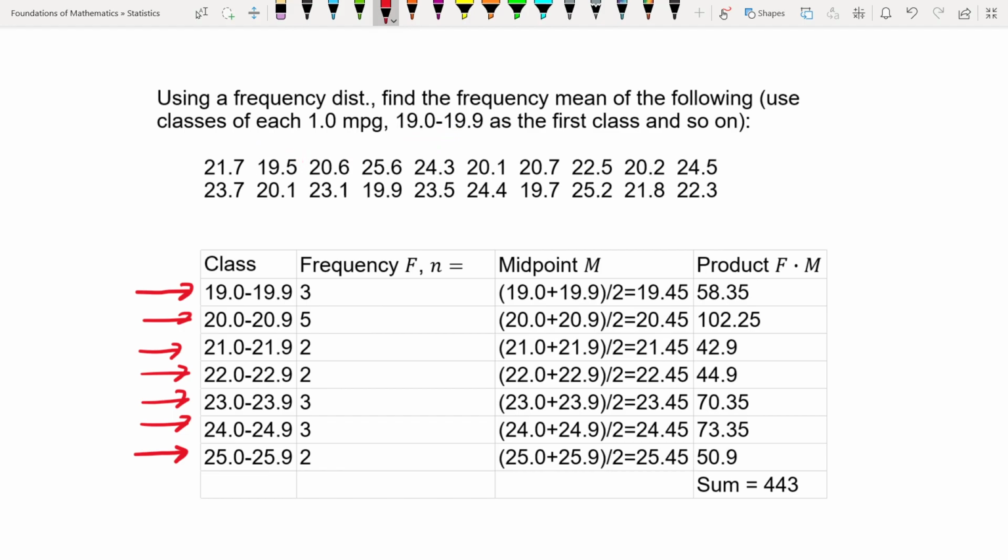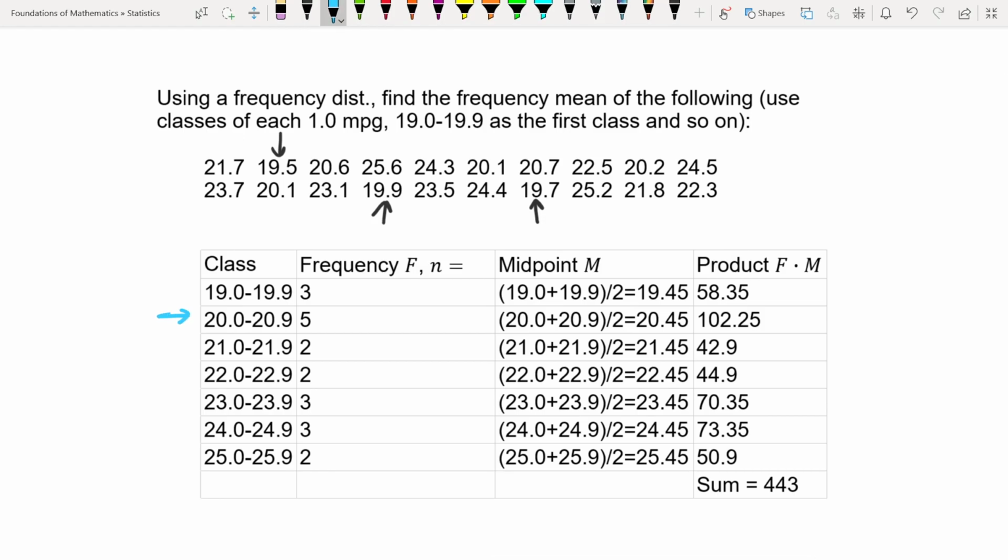Okay, now that we have our classes, we can start populating the frequency. For the first one here, 19.0 to 19.9, all I'm going to do is count how many numbers fall within that range. We have 1, 2, and 3. So the frequency is 3 because there's 3 numbers that fall in the range. For the next one, let me do it in blue here.